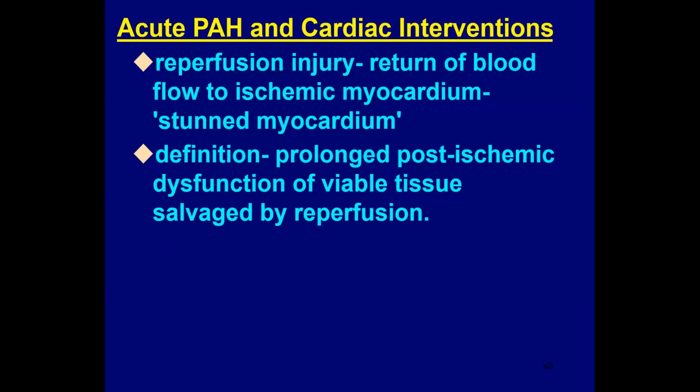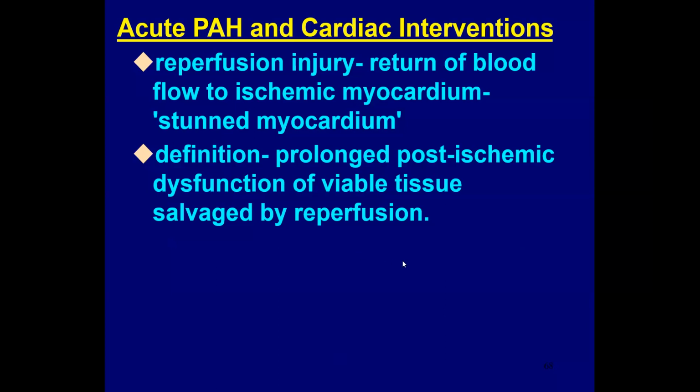Okay, acute PH can occur due to cardiac interventions. And this is because we get reperfusion injury, which is return of blood flow to formerly ischemic myocardium. So what we have is a stunned myocardium. Stunning is defined as prolonged post-ischemic dysfunction of viable tissue that has been salvaged by reperfusion.